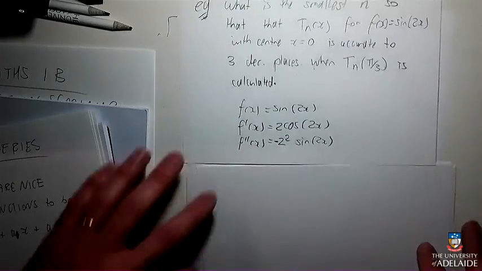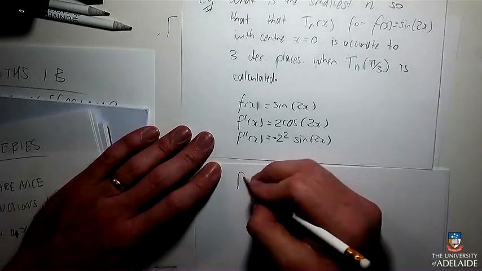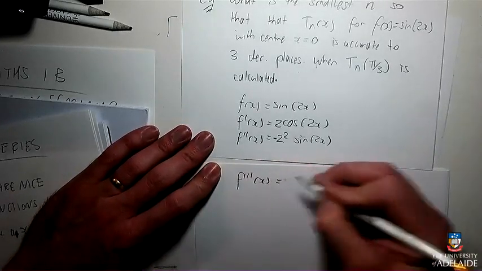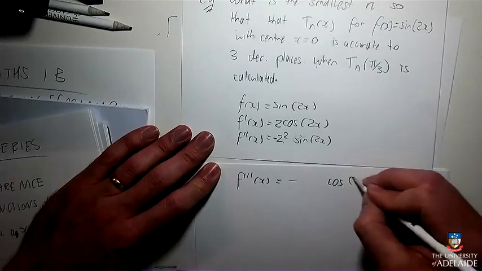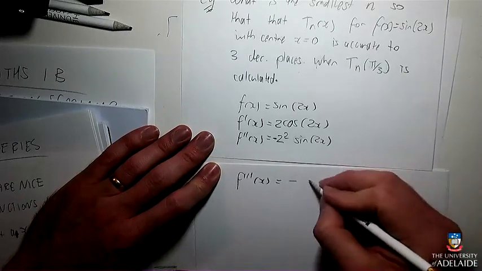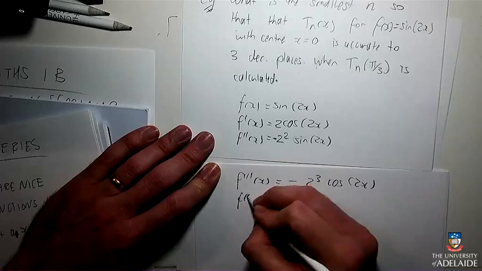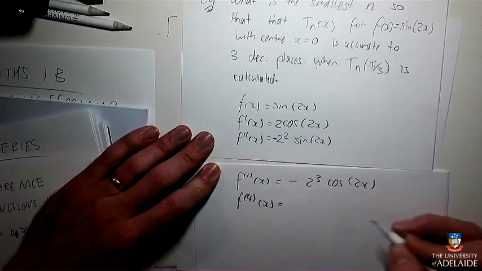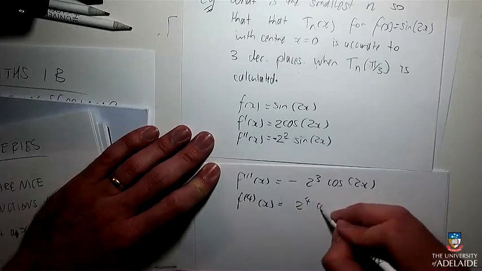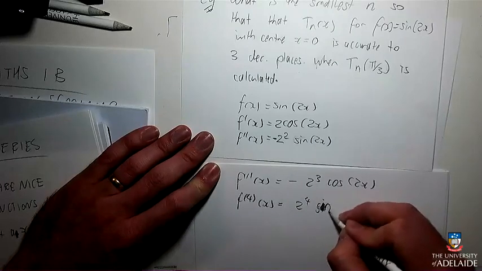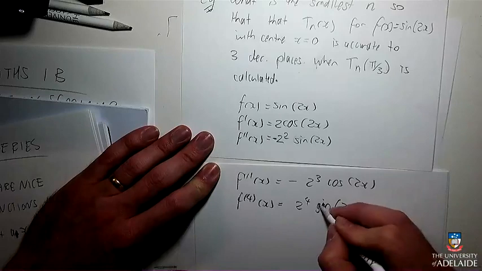This is going to be confusing, but that's okay. Sine will still be a cos, and another 2 will get multiplied on. And then the cos will become a minus. Okay, and we're back to the beginning now.